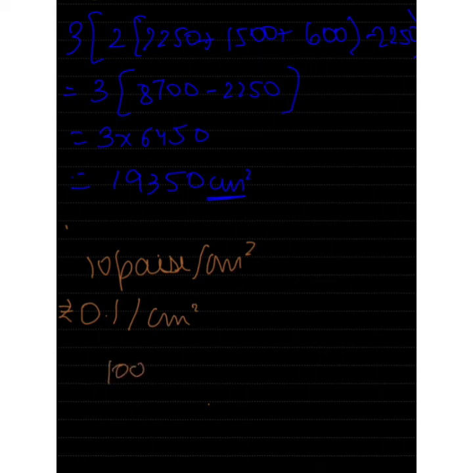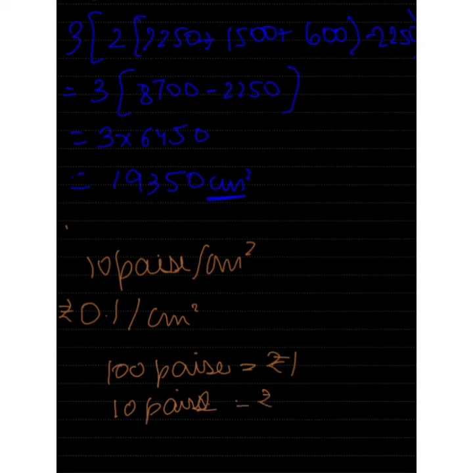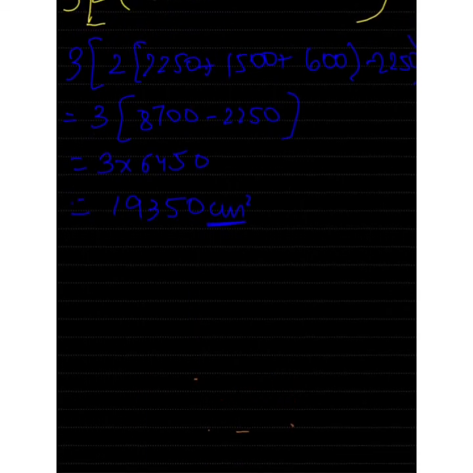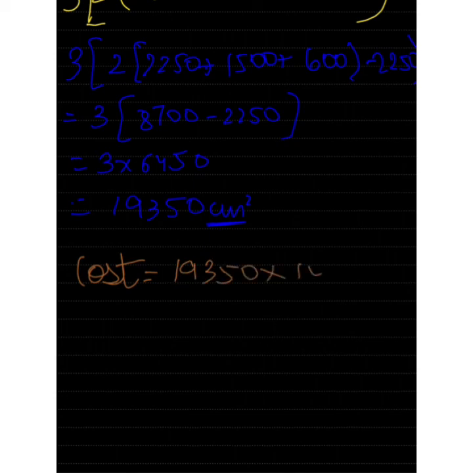Reason, 100 paise is equal to rupees 1, therefore 10 paise will be equal to rupees 0.1. So the cost is rupees 0.1 per centimeter square. Now this is the total cost, that is 19350 into rupees 10 by 100. Now the cost is rupees 1935.